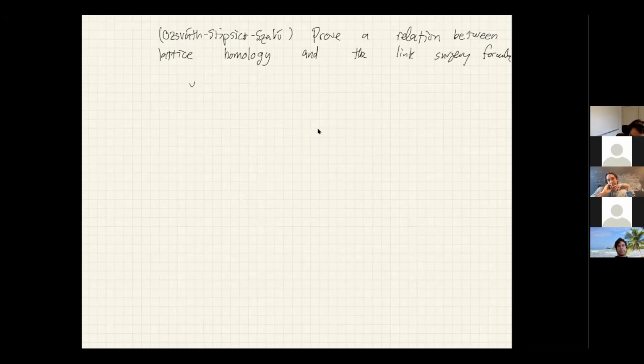And so what they do is they look at this hypercube C_ε, D_ε,ε' of this link L, and they construct another hypercube. This hypercube is as follows.